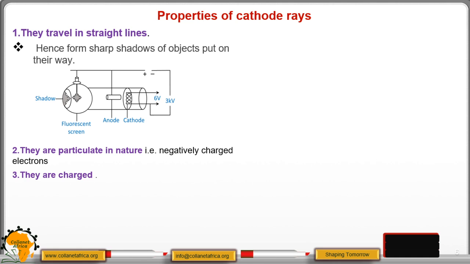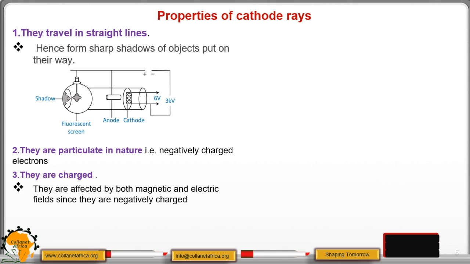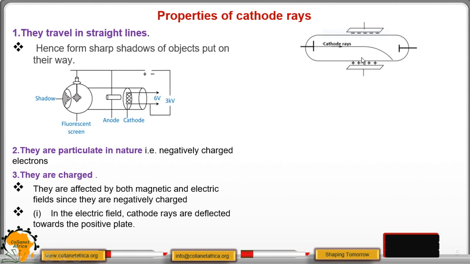Then number three, they are charged. We are saying that they are electrons. Electrons are negatively charged, and because they are charged, it means they are affected by both magnetic and electric fields. Which implies, if one, they are moving in an electric field, they are always attracted towards the positively charged plate.